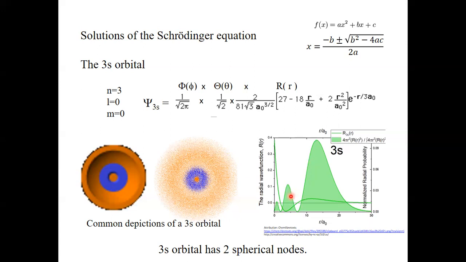And then that point represents our second spherical node. Sorry, I'm confusing myself.